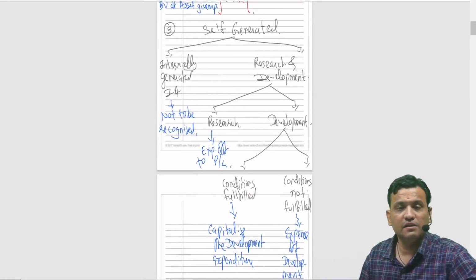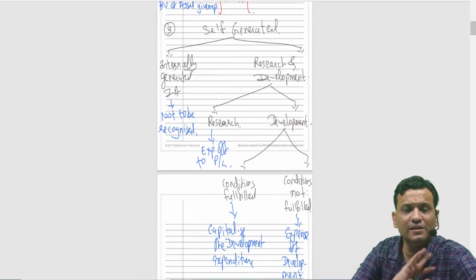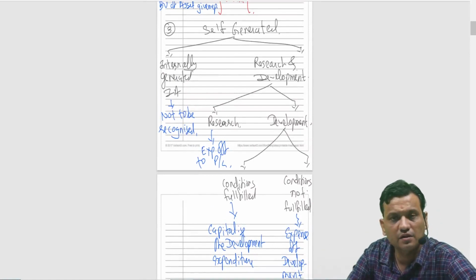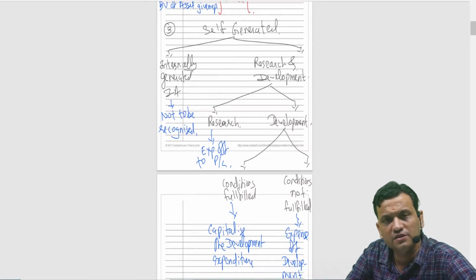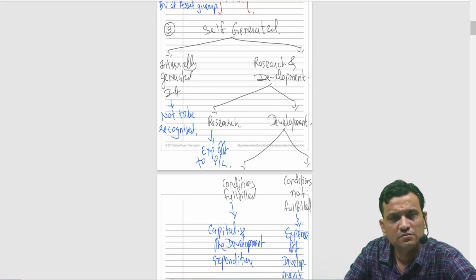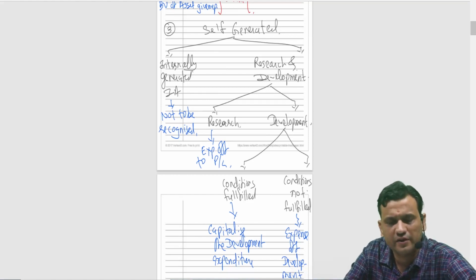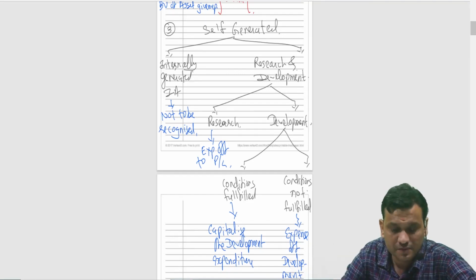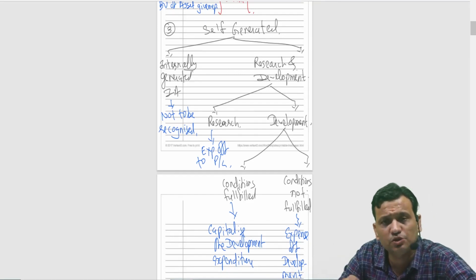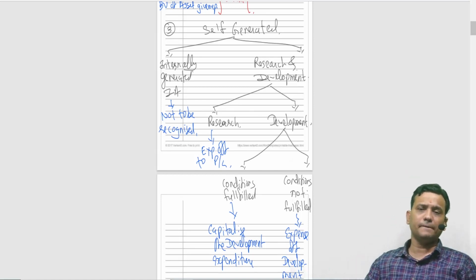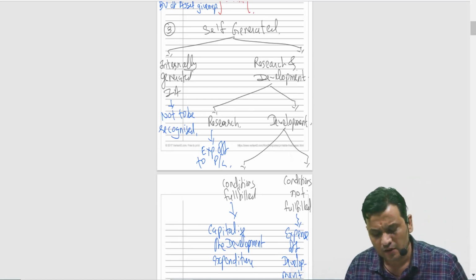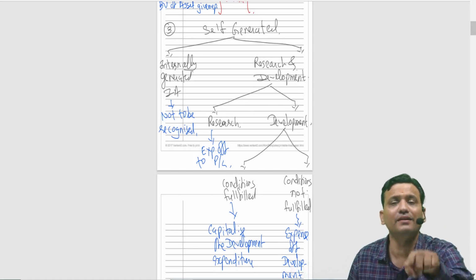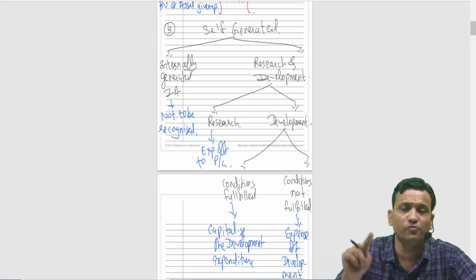Self-generated, internally generated intangibles are never to be recognized, because you cannot measure the cost, like your own brand, your own goodwill. What is research? Acquiring knowledge. What is development? Applying knowledge. Research expense is to be expensed off immediately. But development expense is capitalized, provided conditions are fulfilled.